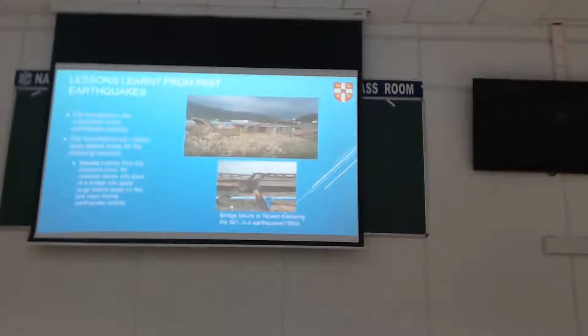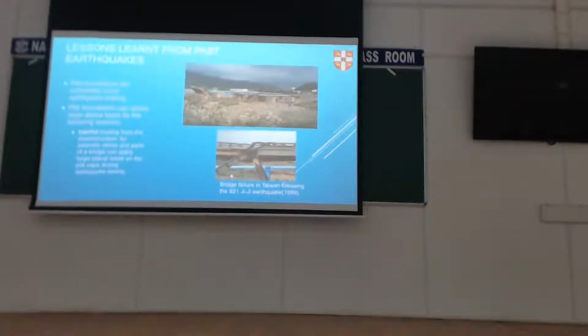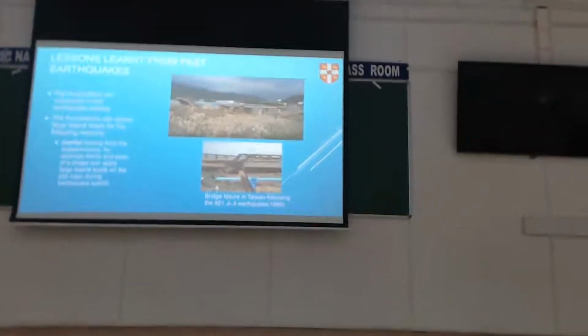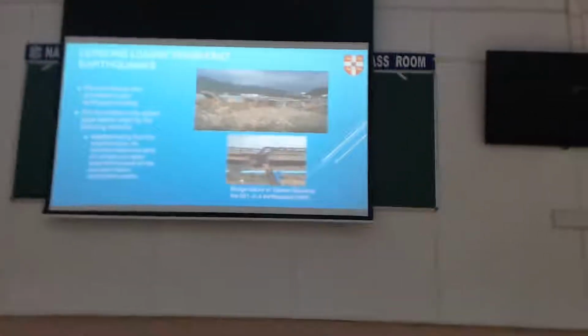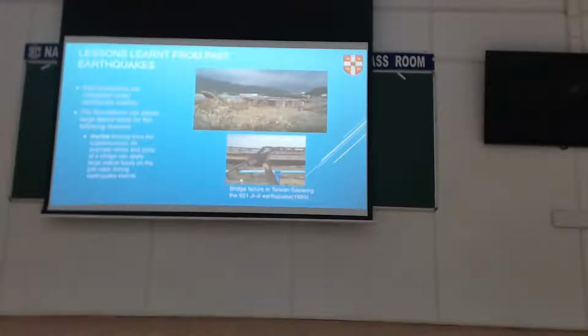Because the bridge decks wanted to shake, the piers did not want to. The decks simply are too powerful, they're too heavy. So they basically pushed the pier and it ended up with piers like that. So the inertial loading from the superstructure was so great that the piers could not resist it.